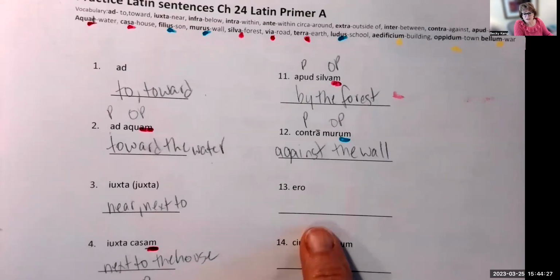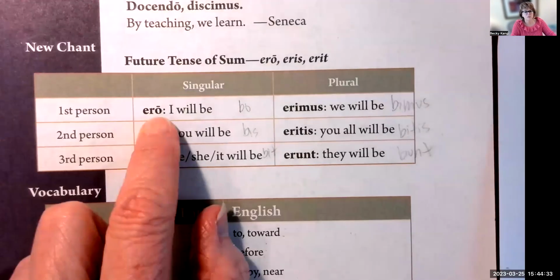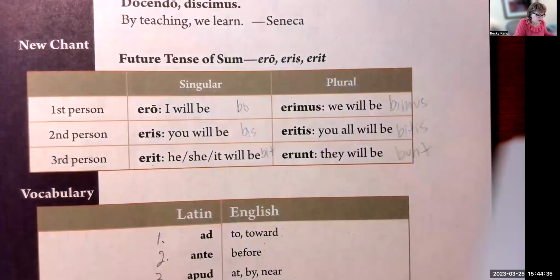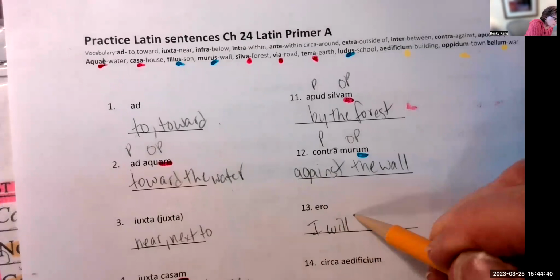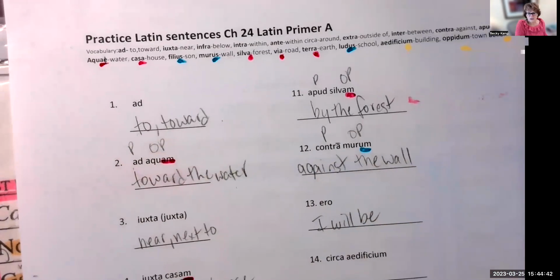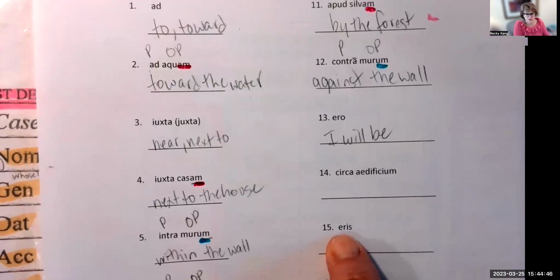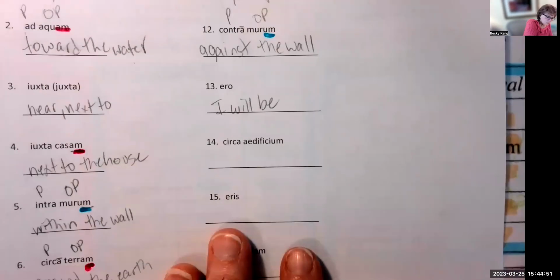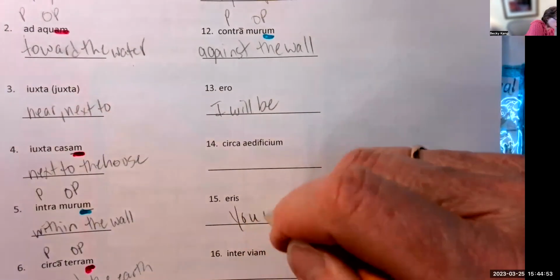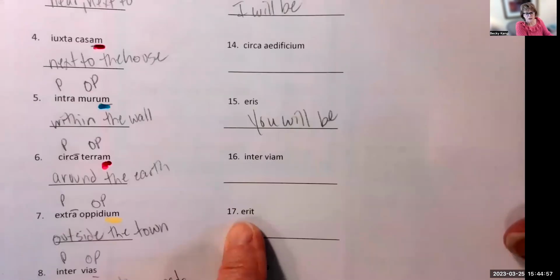All right, notice what I slipped in here. Number 13, I slipped in ero. Ero means I will be. So I want you to write that. I will be. Then I want you to look at 15. Eris. What is eris? You will be. Write it down. Then I want you to notice the next one, 17, right here.